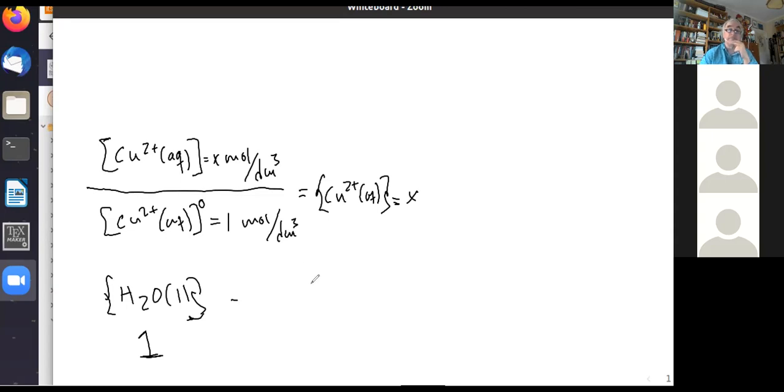So the activity value could be anything. Yes. It's not like a number between 0 and 1. It could be anything. Yeah, I would say for solutions it should be bigger than 0, but to a large value.